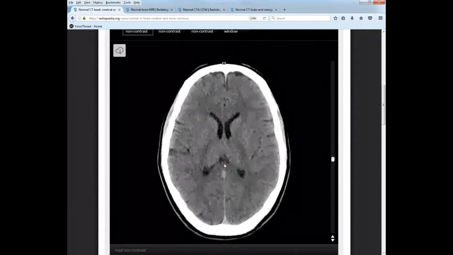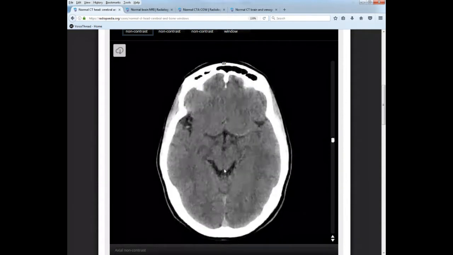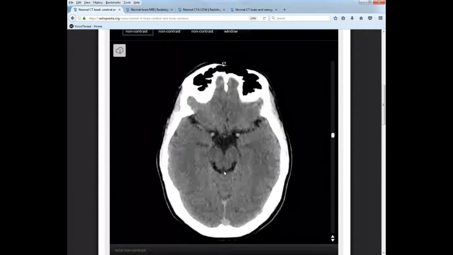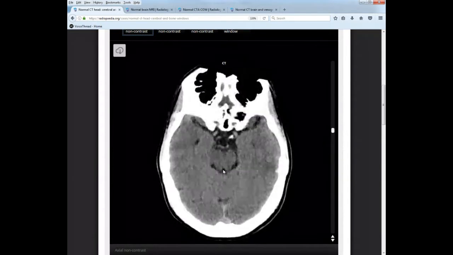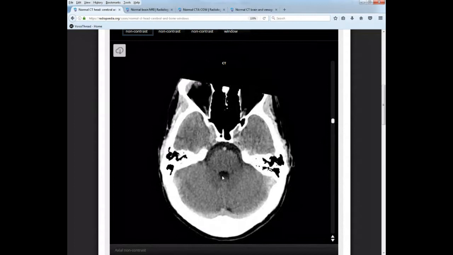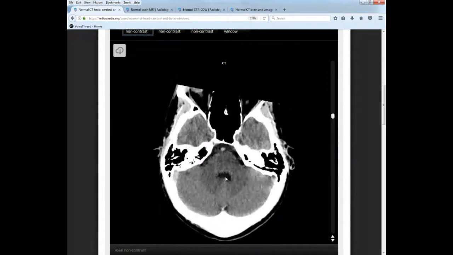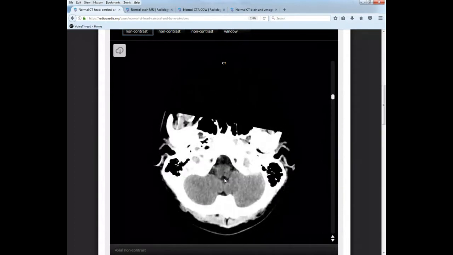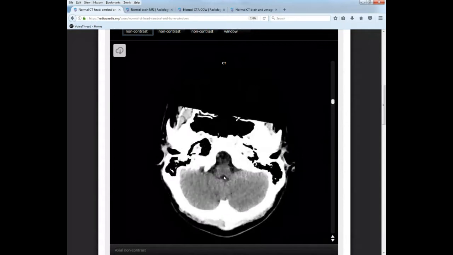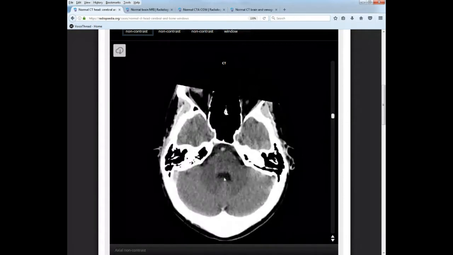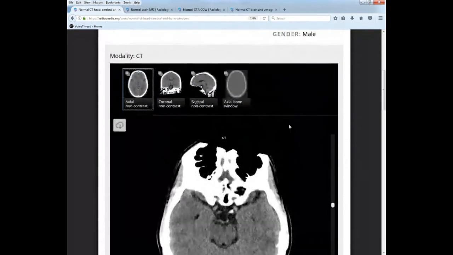And then we're going to travel posterior and inferior down through the aqueduct of Sylvius to the 4th ventricle right here, and then the central canal traveling down. Okay, so there you have the ventricles.